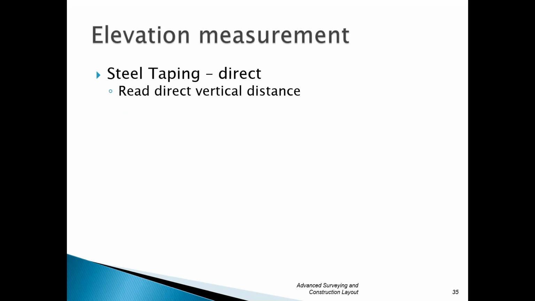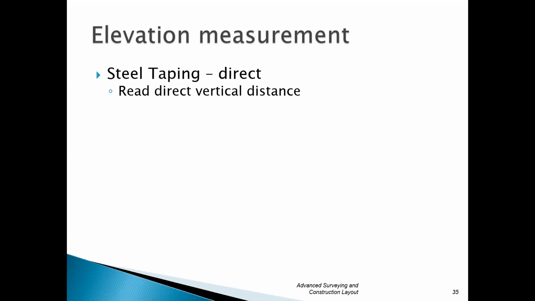This is a nice way of getting an elevation in a building, let's say from ground level up 10 floors. Instead of doing multiple setups up a stairway, if you can just drop a steel tape down columns and tape along the column, that's a really quick and really good way of doing it.